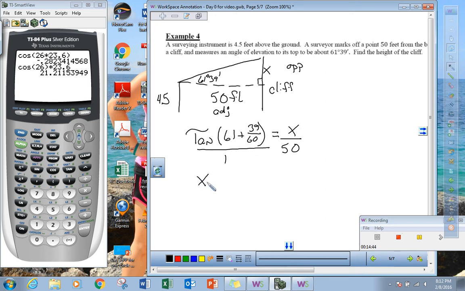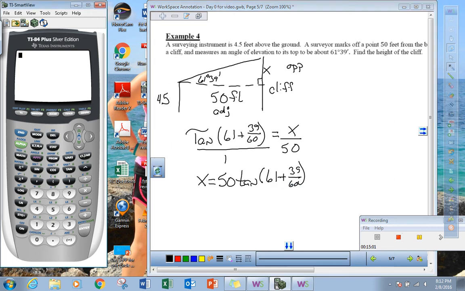So I'm going to have x equal 50 times the tangent of 61 plus 39 sixtieths. And then let's go run that through our calculator. So it's going to look like this. 50 tangent, 61 plus 39 sixtieths.